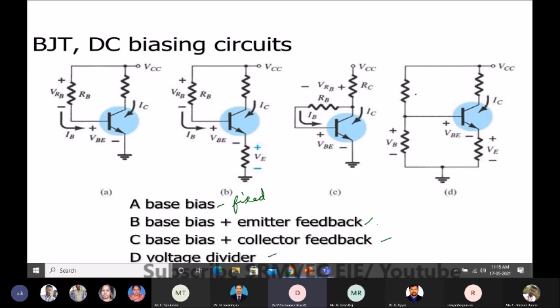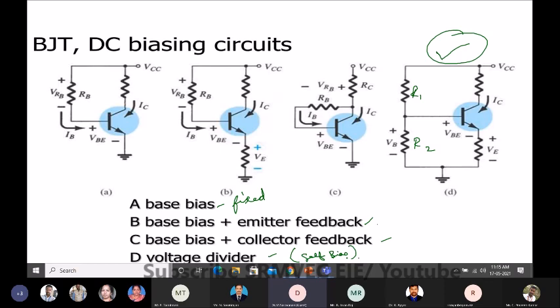This is voltage divided by resistors R1 and R2. So there are four different types of biasing, and among these, the most stability can be given by voltage divider biasing, which is also called self biasing. Okay, right. So four different types of biasing to make your operating point stable.